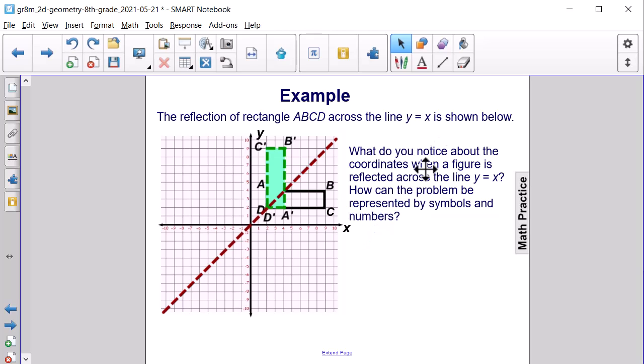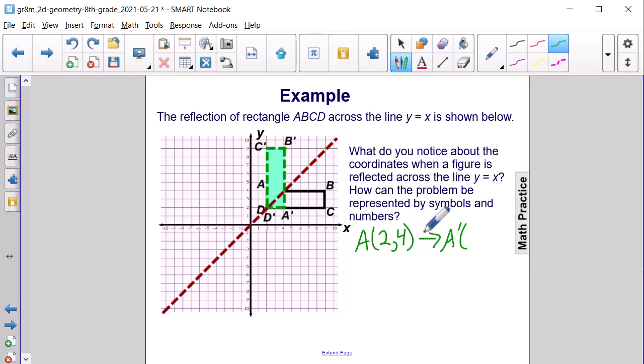Well, we know that point A was at 2, 4, and point A prime is down here at 4, 2. Now let's look at point B. Point B was at 9, 4, and point B prime is up here at 4, 9.